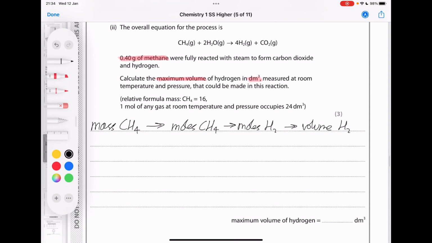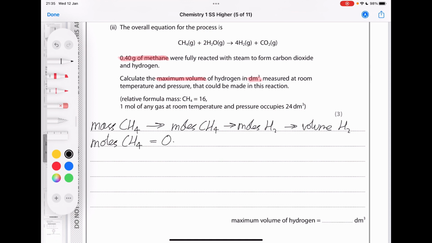So, first off, my moles of methane. Moles, when I'm working with masses, is going to be equal to the mass divided by the relative mass.